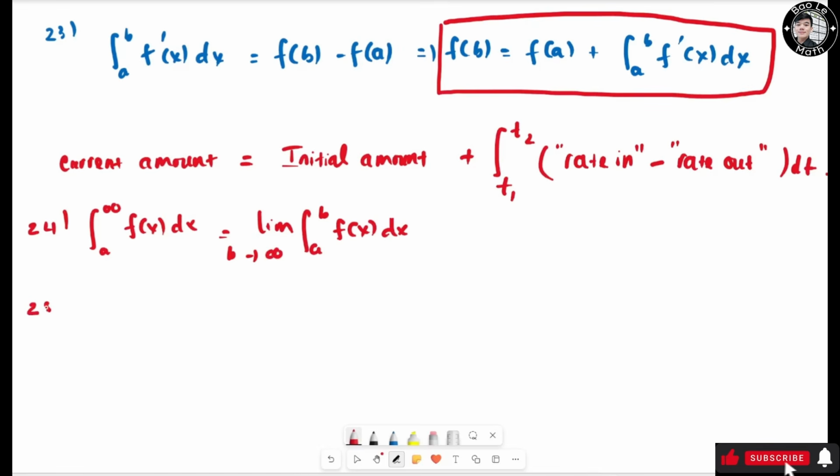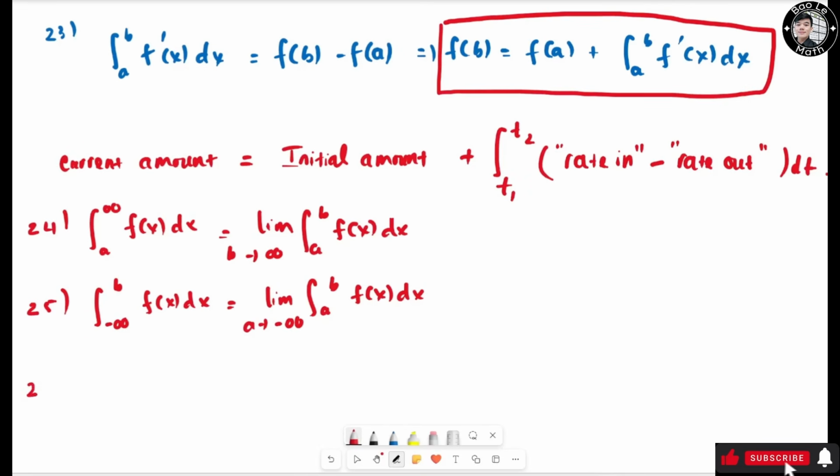Number 25, the integral from negative infinity to b of f of s ds equals the limit of the integral from a to b of f of s ds when a approaches negative infinity.